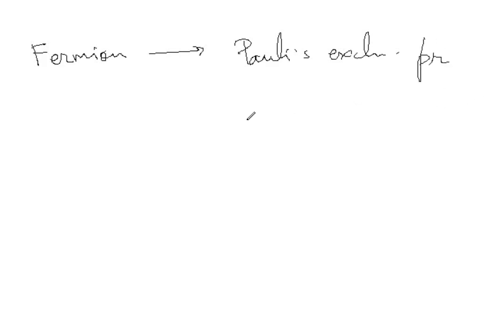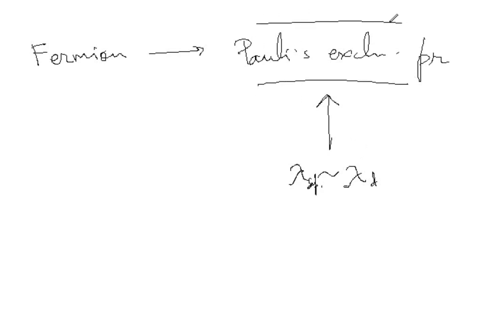Because of this, Pauli's exclusion principle starts becoming important when the separation between the particles becomes closer to the de Broglie wavelength. This I have already talked about in a separate lecture, and today I am going to talk about what happens because of Pauli's exclusion principle.